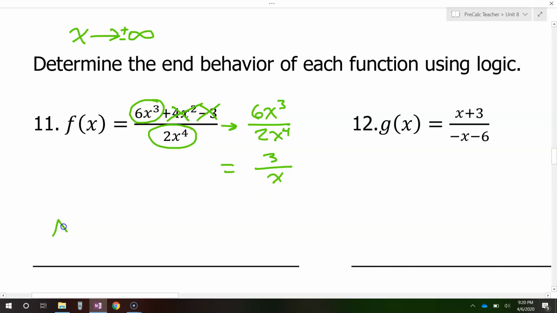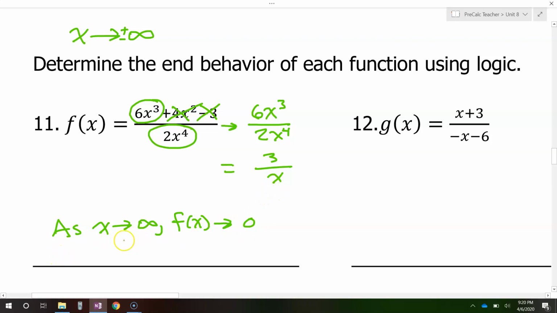Well, as x approaches infinity, as this gets bigger and bigger, the function is going to approach 0. If the denominator gets bigger and bigger, like 3 over 10, 3 over 100, 3 over a million, the value of the fraction is getting smaller and smaller. It's approaching 0.